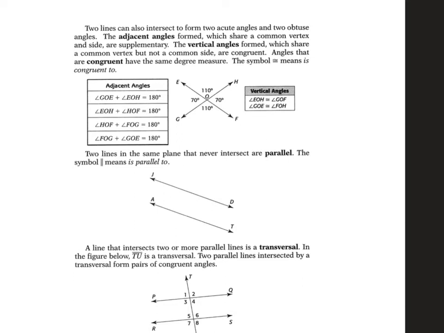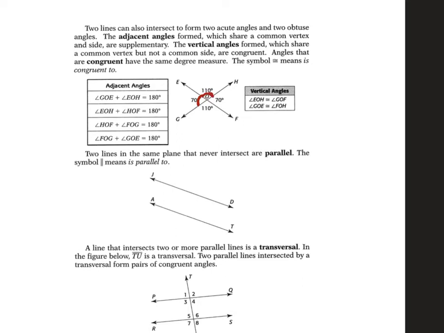So if we look at the table that we have here, it tells us that the angle GOE plus the angle EOH is equal to 180 degrees. That is GOE, this one here, and EOH, this one here.